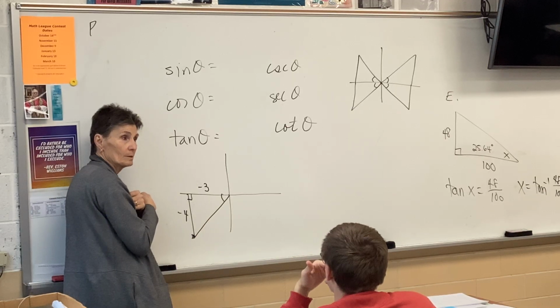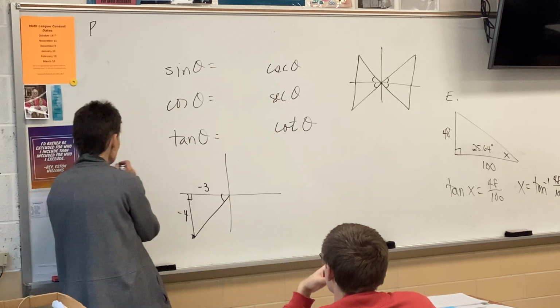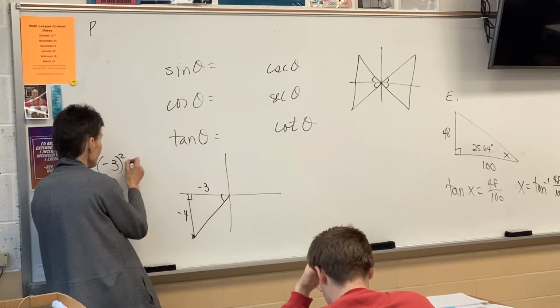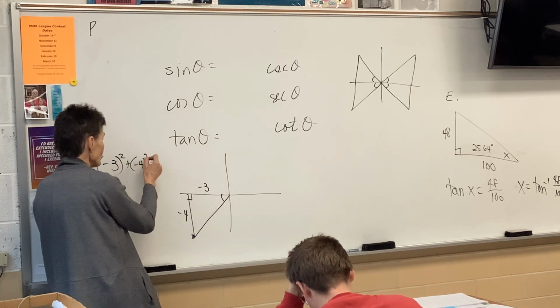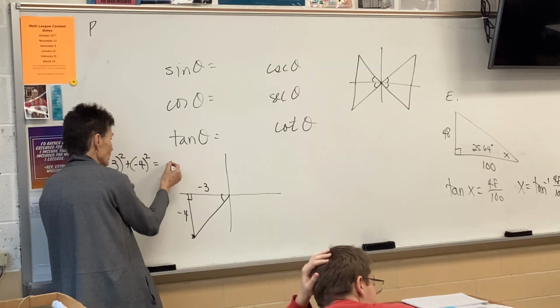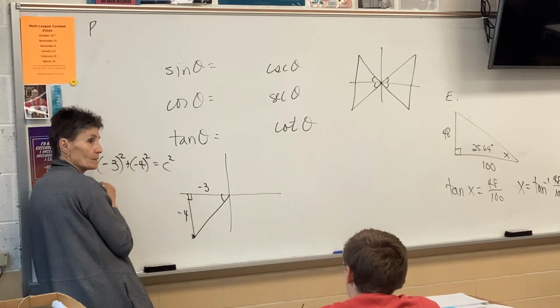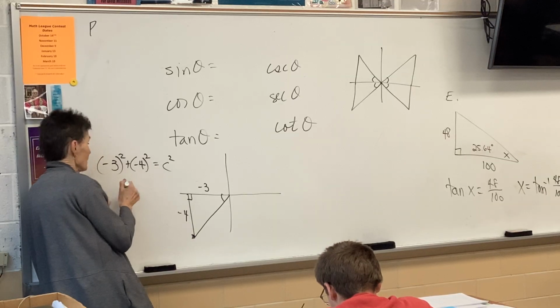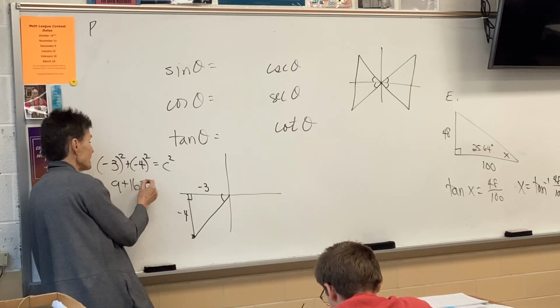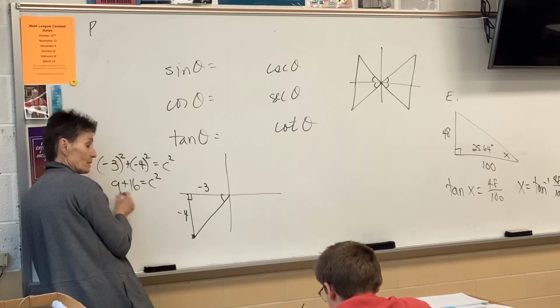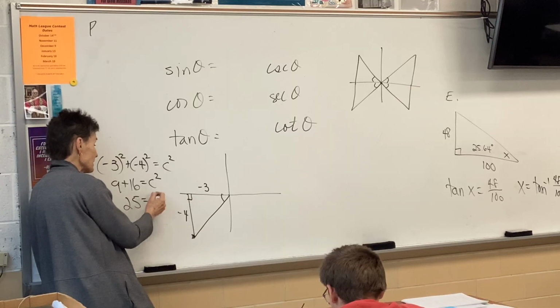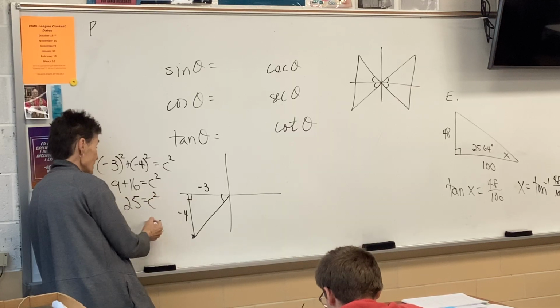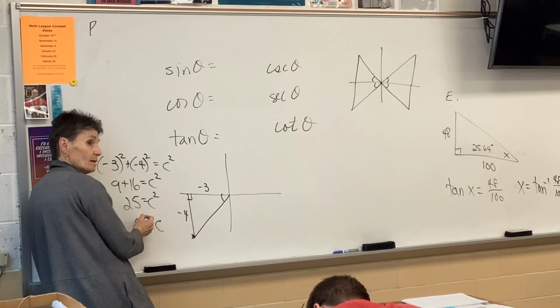Pythagorean theorem. Good, Roy. So -3 squared plus -4 squared equals c squared. Remember, when you square, they become positive. So 9 plus 16 is c squared. So 25 is c squared. And c is 5.